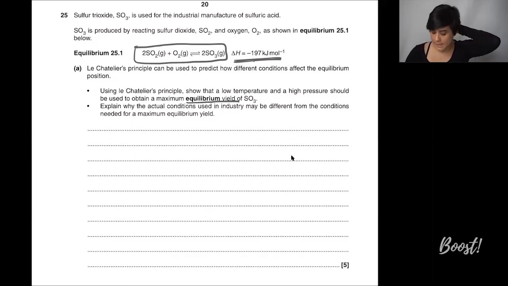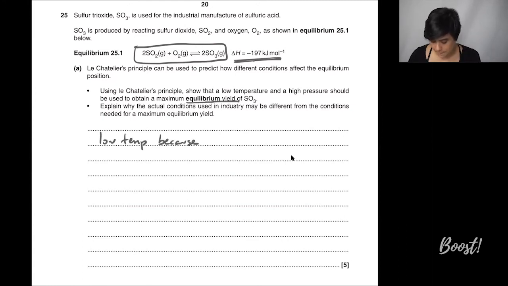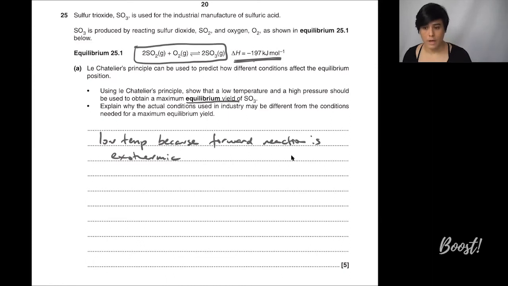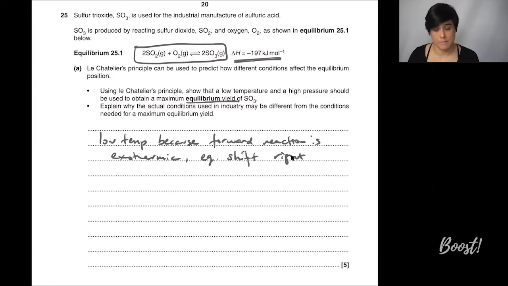So in this case, a low temperature, because the forward reaction is exothermic, and this equilibrium would be shifted to the right, or in the direction of the products, maximizing the yield.